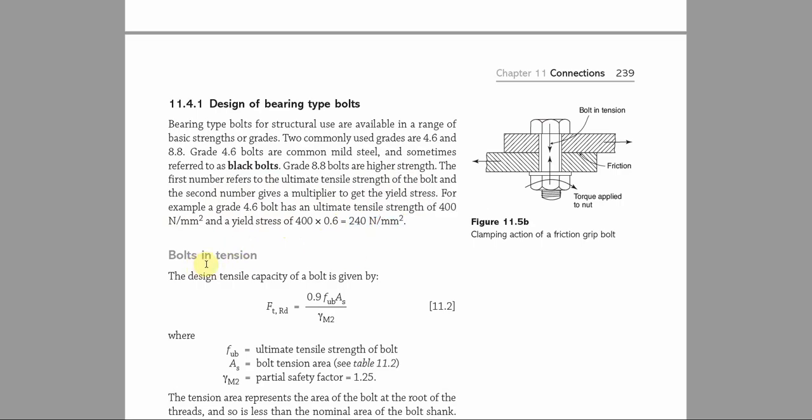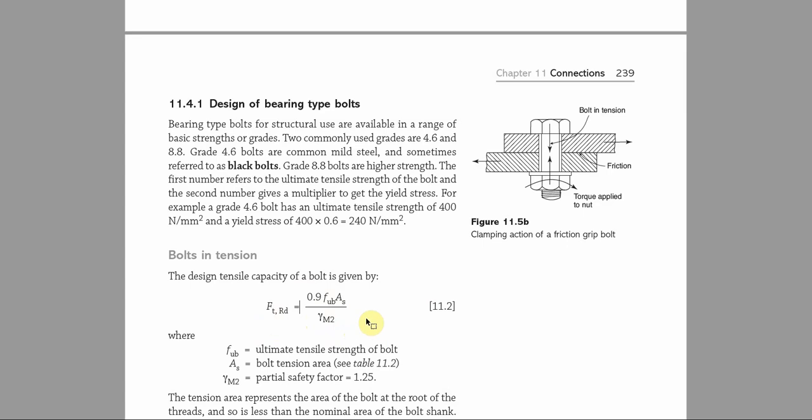Let us look at this now. Let's design the tensile capacity of a bolt. The formula is given as F_t,Rd equals 0.9 f_ub A_s over gamma M2.